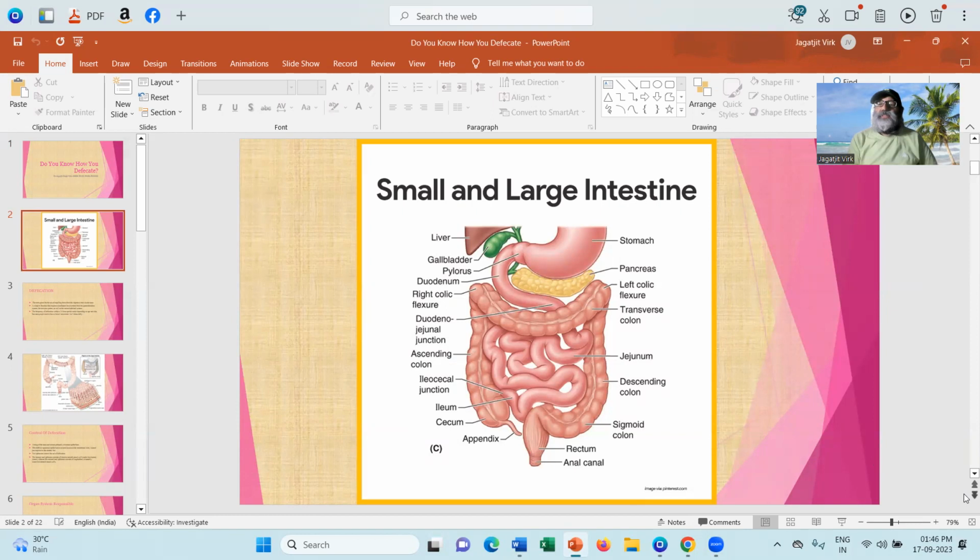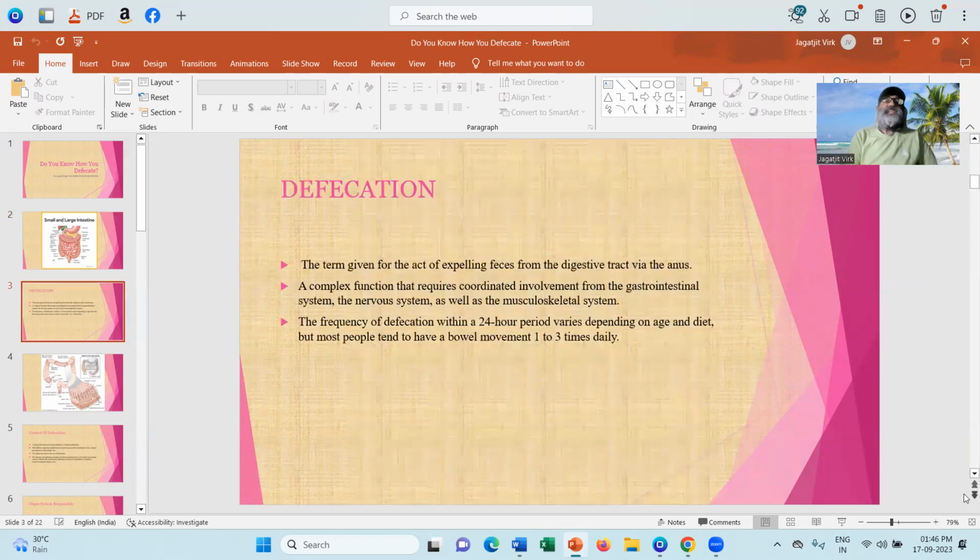Now, what is defecation? The term given for the act of expelling feces from the digestive tract via the anus. It's a complex function that requires coordinated involvement from the gastrointestinal system, the nervous system, as well as the musculoskeletal system of the body.